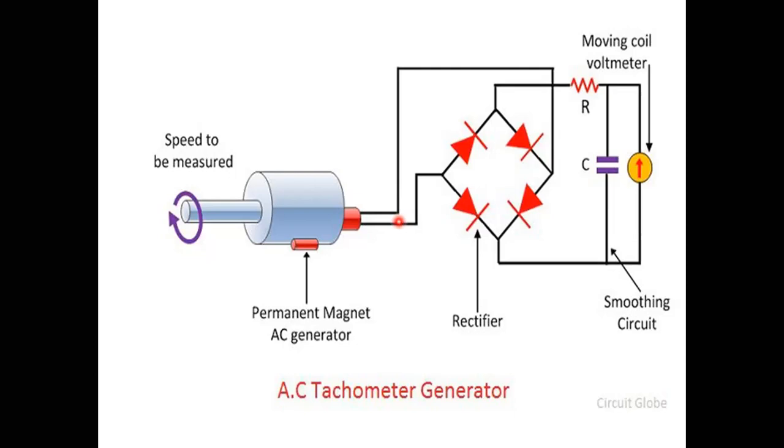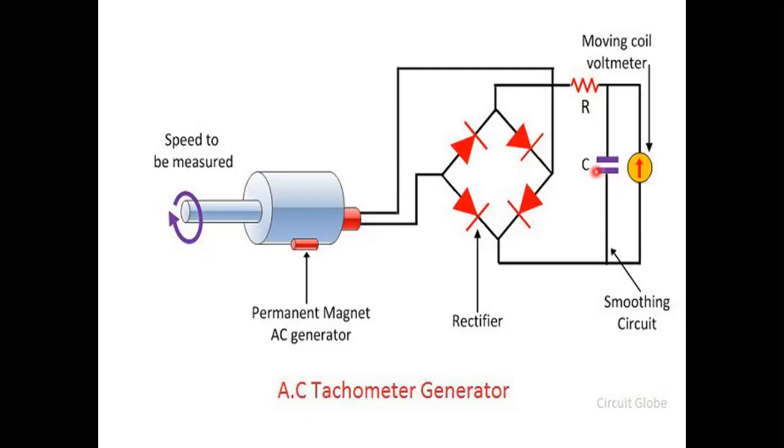So what we have to do is convert this AC output into DC. For that reason, I'm using here a bridge rectifier, which converts AC into pulsating DC. And after rectification, I'm using a capacitor to smoothen the ripples.